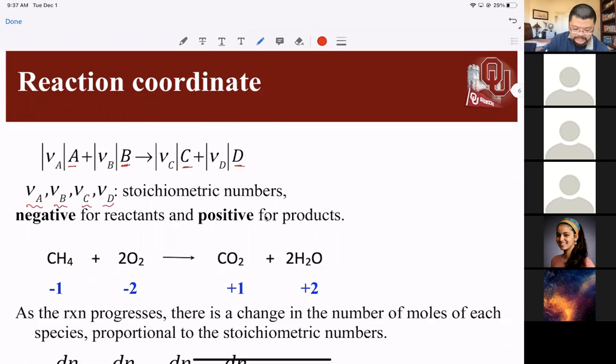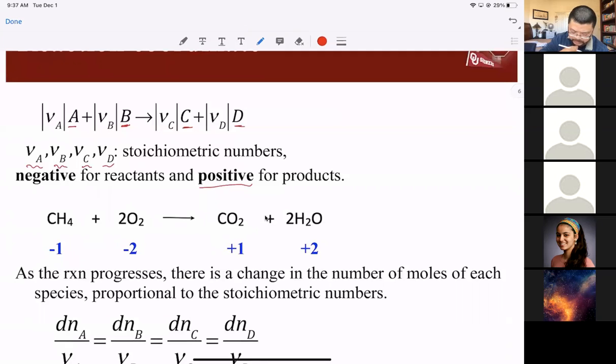And if these are the reactants, then the values will be negative because we are consuming the reactants to produce the products as the reaction moves forward. And those nu values should be positive for the products.